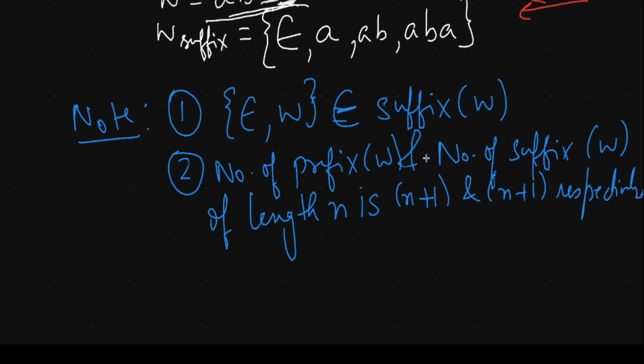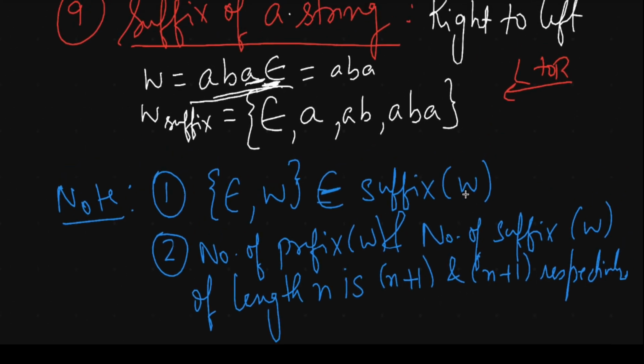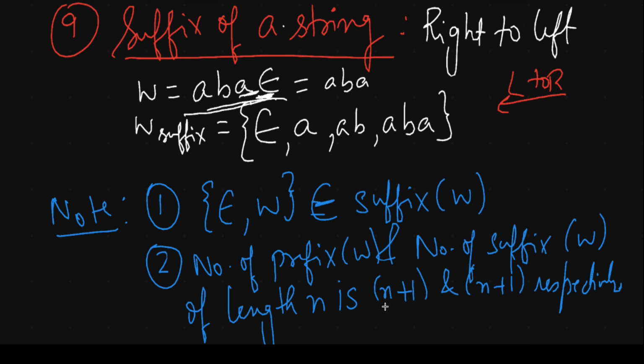For example, here W is equal to ABA, so n is equal to 3. So suffix of W would contain n plus 1, that is 3 plus 1 equal to 4 strings. Okay, and same for prefix also.